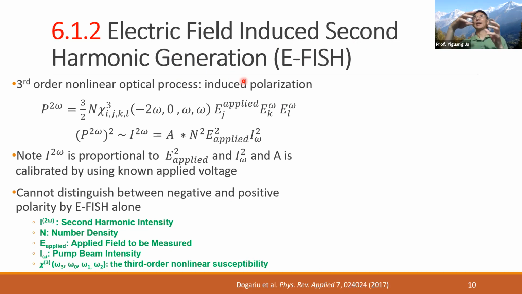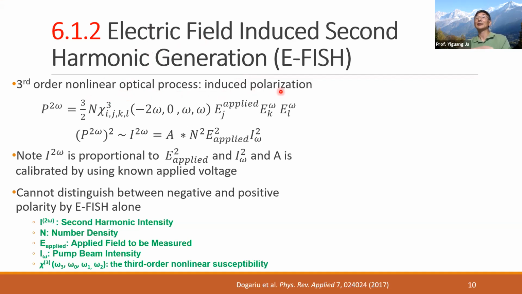And for polarized molecules, if you apply the electric field, that oscillation will generate a second harmonic, generated due to this asymmetric polarization of electrons. Therefore, the second harmonic signal is proportional to a third order nonlinear optical process.